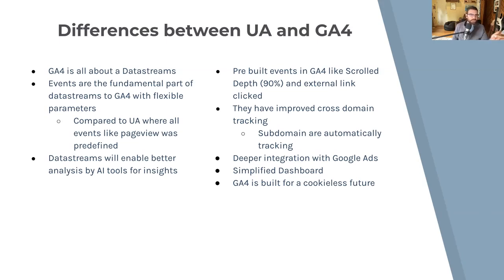It's like an AI tool that we'll discuss when we go into the dashboard, but it basically enables them to do a bunch of AI to find these patterns that are happening within there. Whereas before, with the old Universal Analytics, all of the events that were going to happen were very rigidly defined. And this way it's much more flexible, and they even enable you to do custom parameters as well.